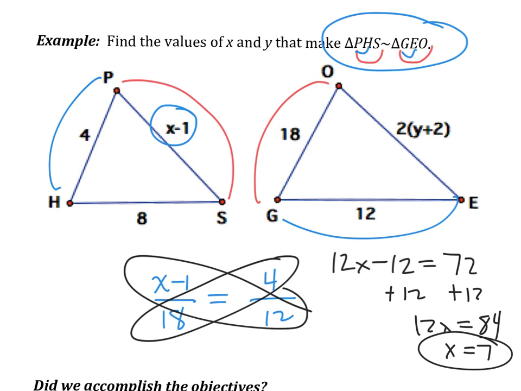All right, then see if you can create a proportion and solve for y. Hint: you already have one fraction that you can use, the 4 to 12. You already know that those two sides match up. So now create a proportion and solve for y.